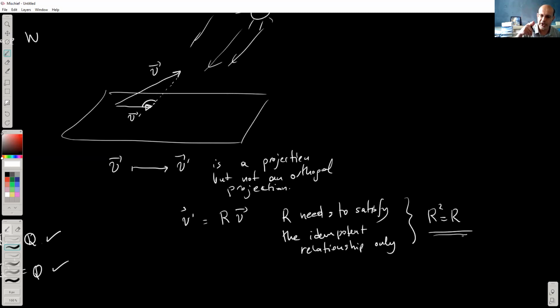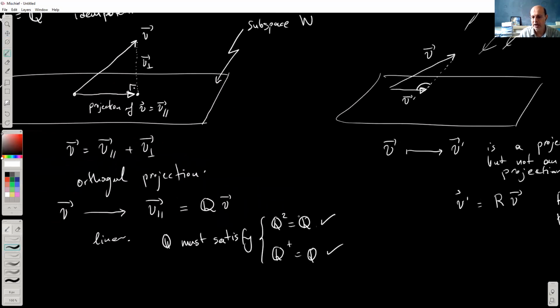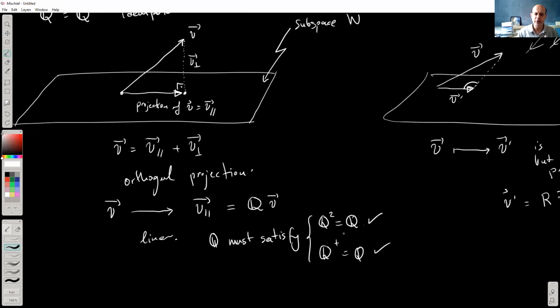But if I also insist that this is an orthogonal projection, in that case, the operator should be idempotent, but it also has to be Hermitian. I don't want to prove to you that this must be so, but it can be shown. It just involves some kind of symbolic manipulation of these inner products and things like that, but I don't want to go into this. I'm just telling you that this is the case in here, all right?